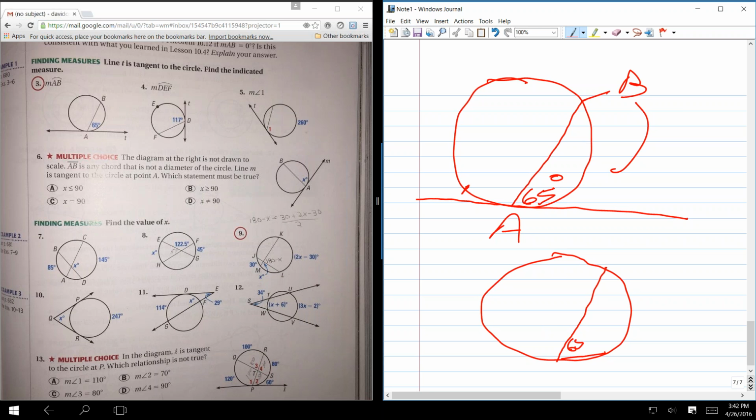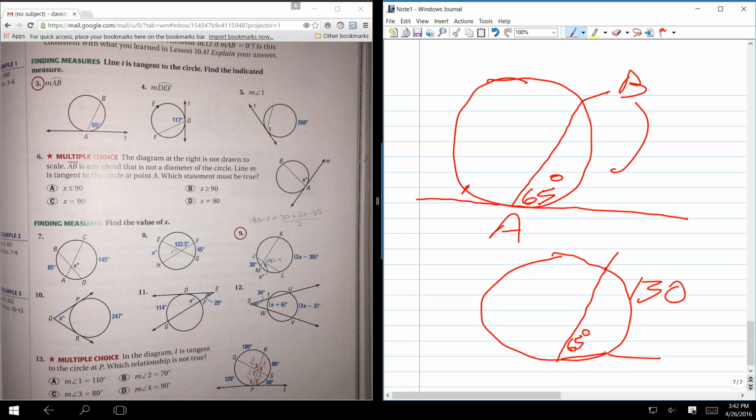If that was 65 degrees, what would this measurement be from there to there? 130. Right. In other words, it's either double or it's the same. And it's the same only for central angles.